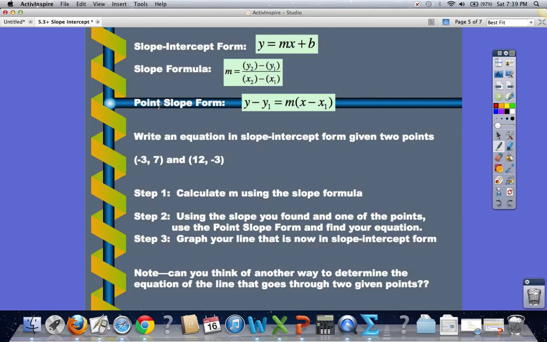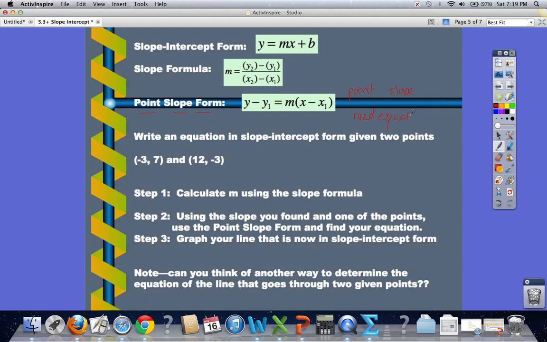And then you have this new one called point slope form. And that's where they give you a slope, and then they give you a point, and then you need to find the equation of that line. Okay, so this is where you have a point, and you have a slope. You need an equation.